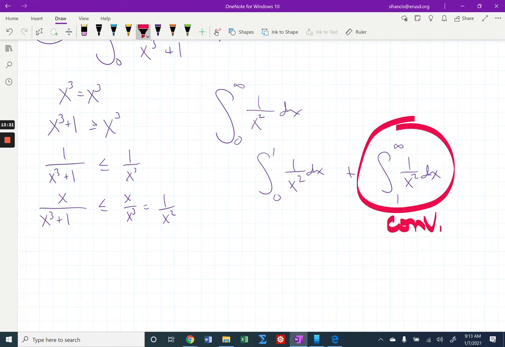But go ahead and take a look at this improper integral from 0 to 1. There's a discontinuity at x equals 0, so set that one up and see if it converges. If this one converges, then both of these two converge, and so the bigger one converges, so then the smaller one will also converge.